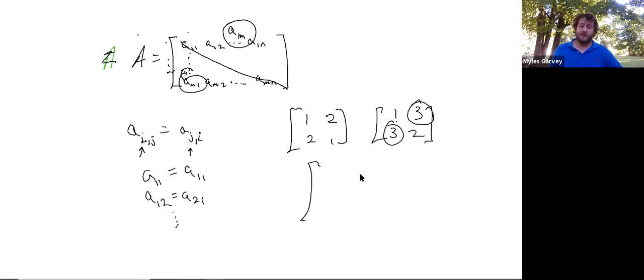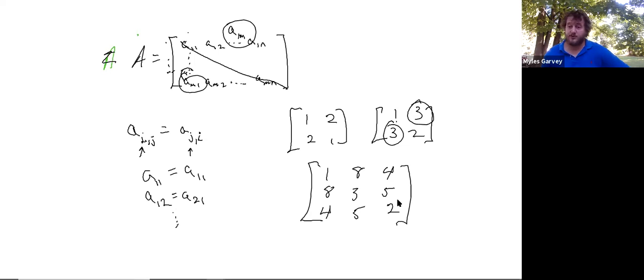So look at another example. This is another symmetric matrix. A11 is equal to itself. A22 and A33 respectively are equal to themselves.